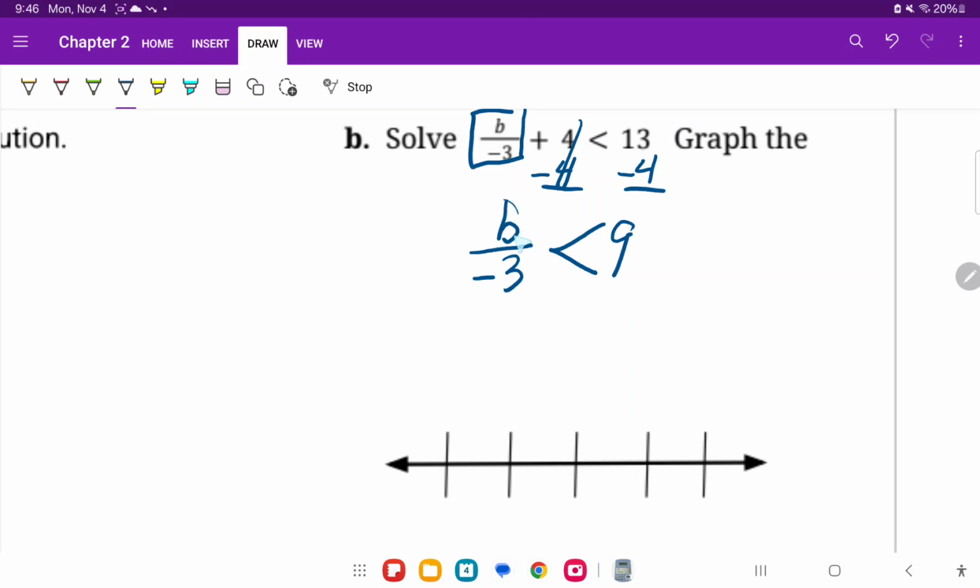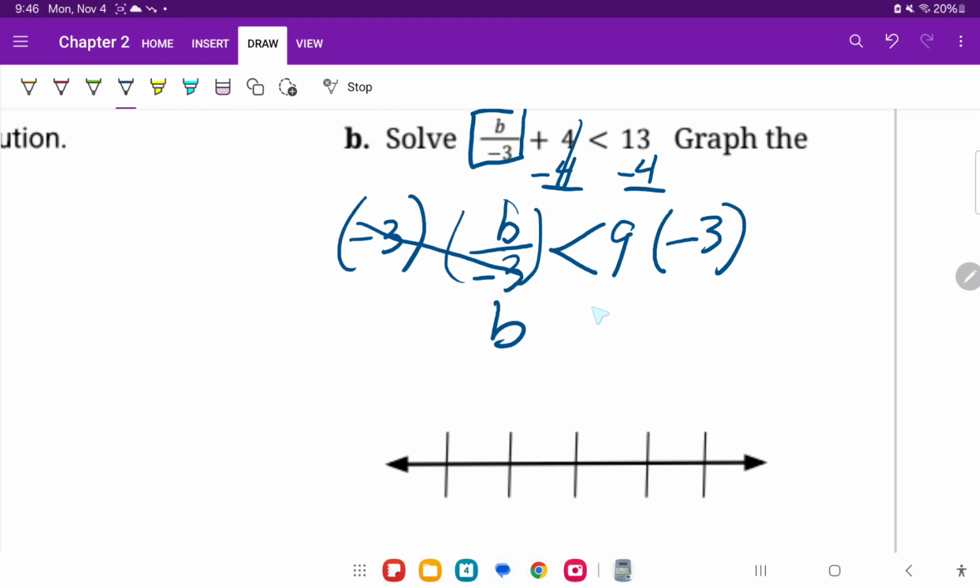Okay, now I need to get b all alone, so I have to deal with this negative 3. So I'll deal with that by multiplying through by negative 3. That will cancel. But if I do that on the left, I have to do that also on the right. Okay, so since we are multiplying by a negative, this sign will flip, and so this will be negative 27.